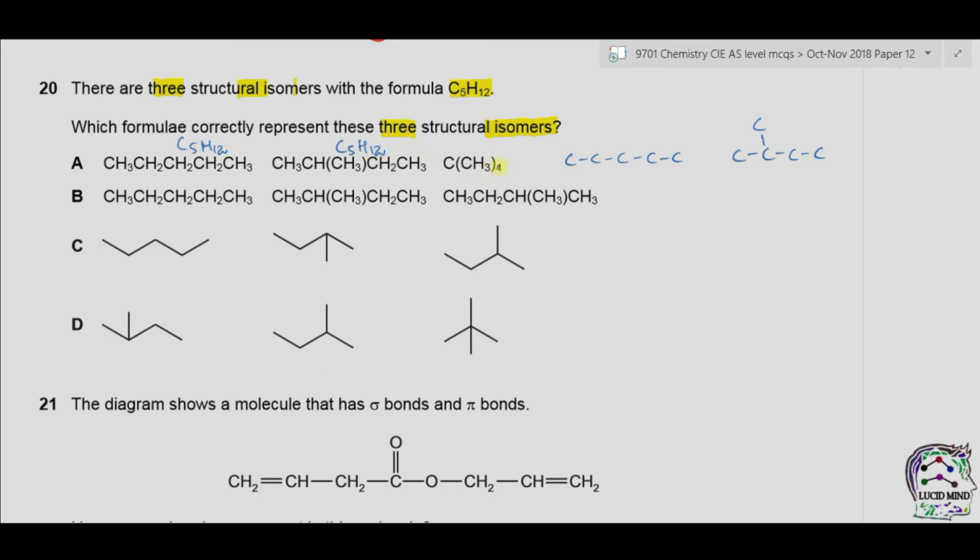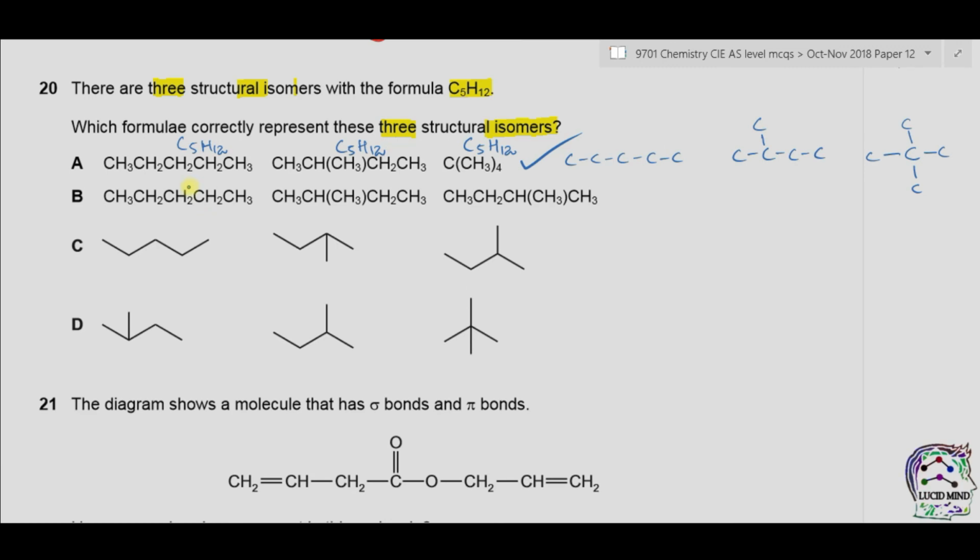Then we have this compound in which this carbon makes 4 single bonds with 4 CH3. So this is also a possible structural isomer as the formula is the same, C5H12. So A could be the correct option. Now in part B, we have 5 carbon atoms in the long chain.